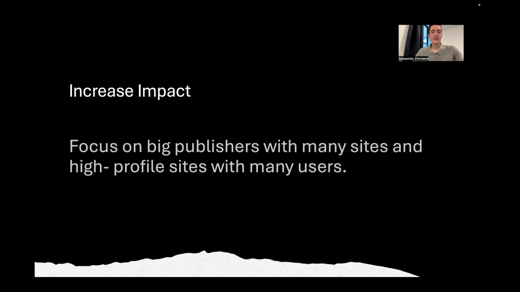Now, how can we increase the impact? There are 2 points. First, we can focus on big publishers. Many publishers have hundreds or even thousands of sites. And their GPC implementation and how they propagate people's opt-out rights towards third parties is often the same across all of these sites.